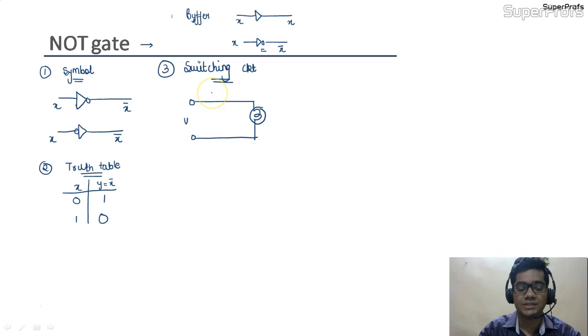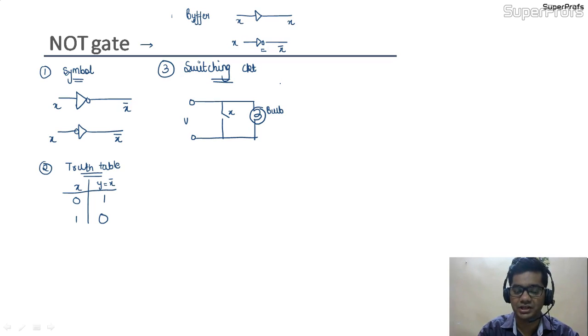Now we have to place a switch X in such a way that it can resemble the working of a NOT gate. For a complement, remember, students, the switch will always come in parallel with the bulb. So let us apply a switch X which is in parallel with the bulb. Now we can see that if the switch is closed, that is if the switch is having logic 1, then the bulb would get short circuited and the output for the bulb would be 0, that is the bulb would be off.